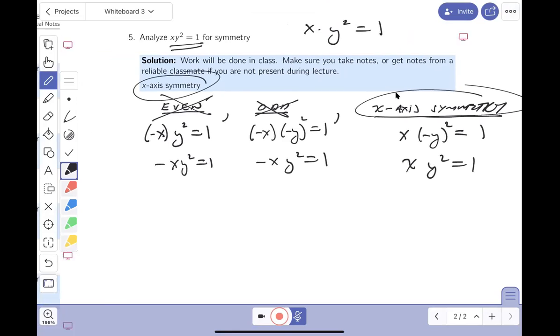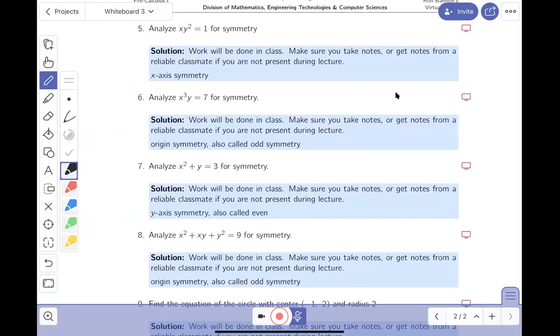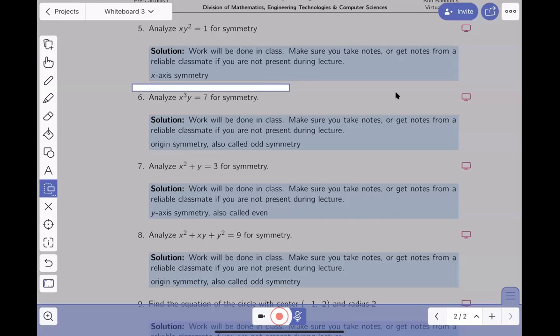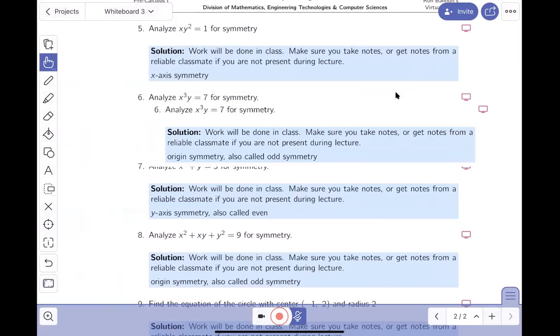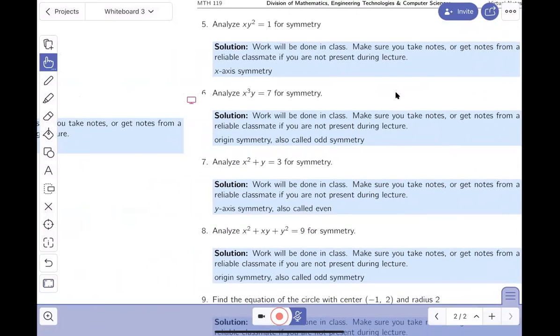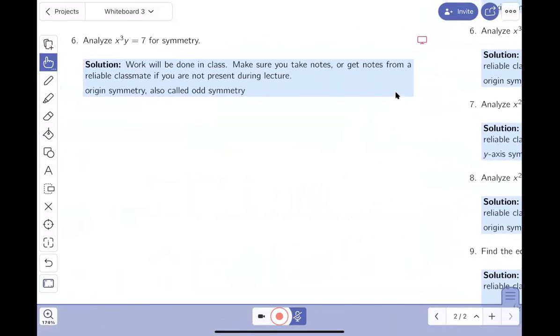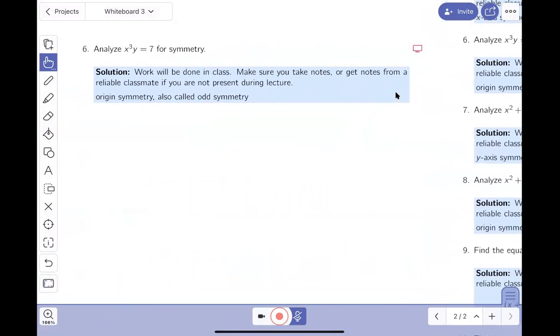All right, let's go to the next question, which is going to be number 6 now. Same question, different problem. Analyze for symmetry. Well, let's talk about it again. The same type of question over and over again.